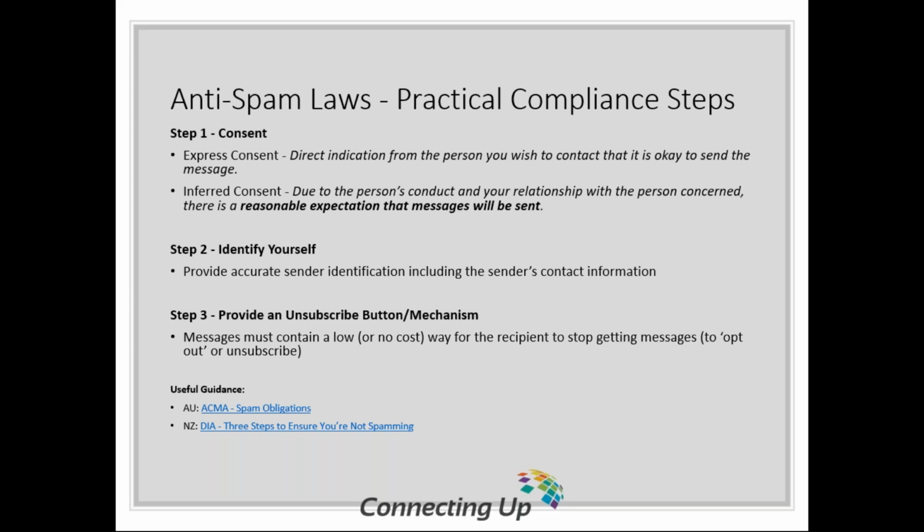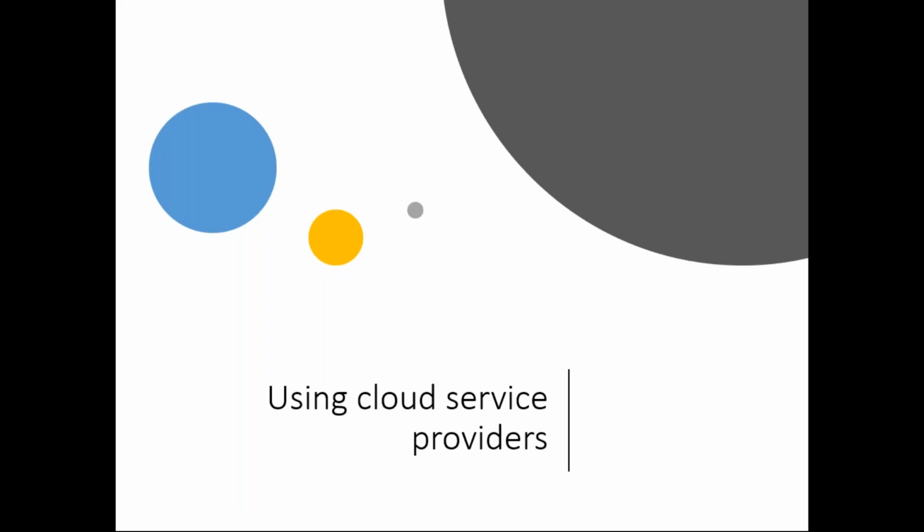So even if the anti-spam laws do apply to you, these are the things that you should do with any kind of marketing communications, and it's probably good practice to comply with all of these requirements, regardless of whether or not you are formally within the spam rules. So just good hygiene, making it clear about who you are, and making sure that you don't tick people off, because you want to make sure that people stay engaged and supportive, and you don't tarnish your brand out in the marketplace.